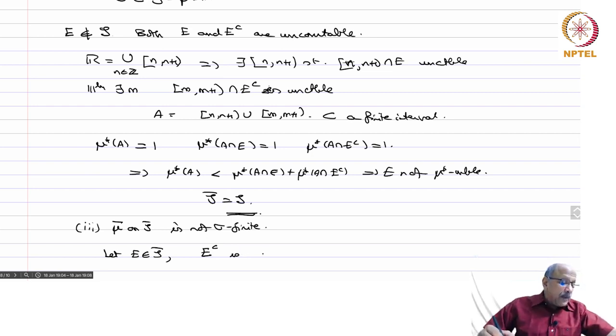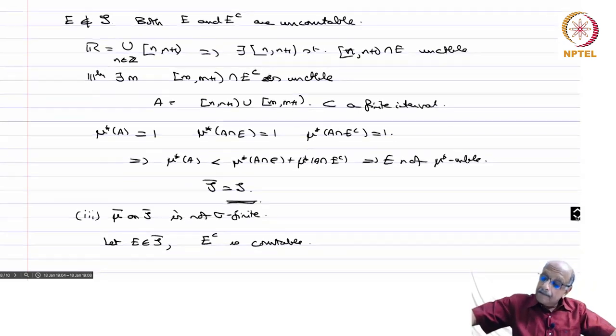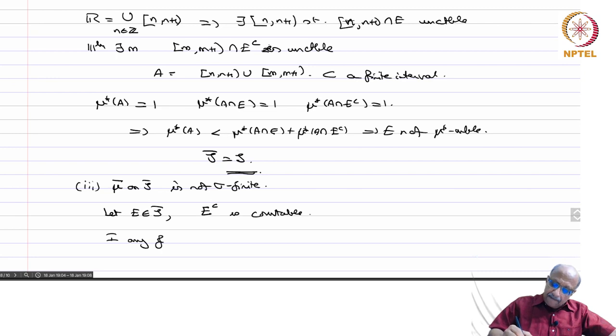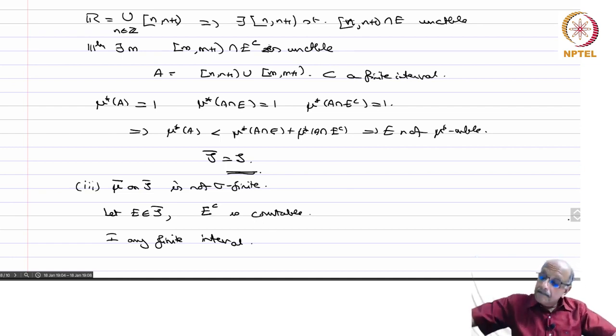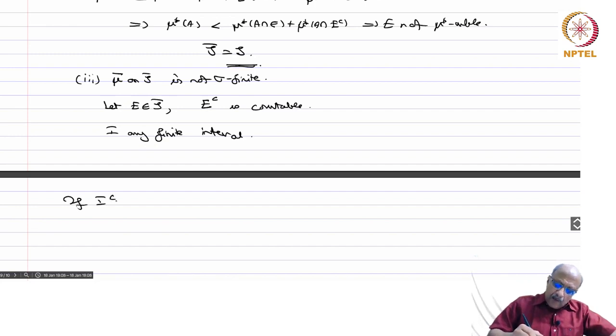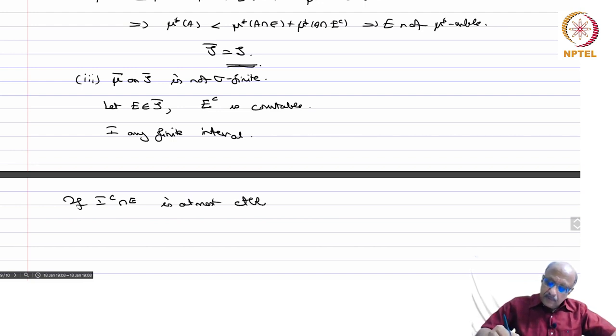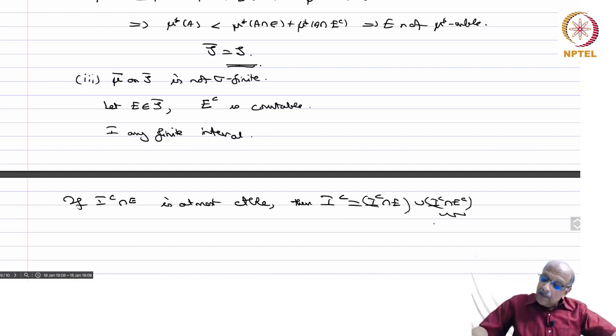So let us take E complement countable, and I any finite interval. So if I complement intersection E is at most countable, then I complement is equal to I complement intersection E union I complement intersection E complement. E complement is countable, therefore this is countable. I complement intersection E is also countable, which is not possible. So you have a contradiction.